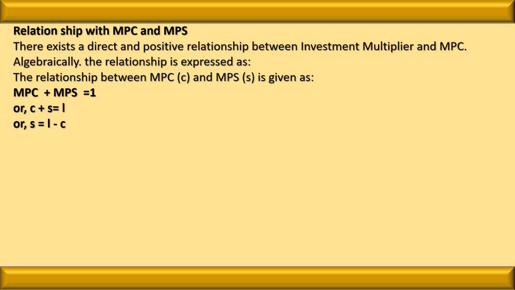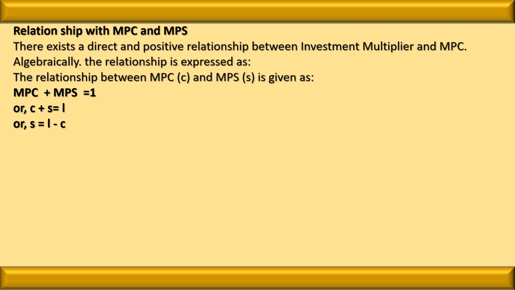Small c represents marginal propensity to consume, small s represents marginal propensity to save. So in place of MPC we can write small c, and in place of MPS we can write small s. So here we can see that MPS is equal to 1 minus MPC.